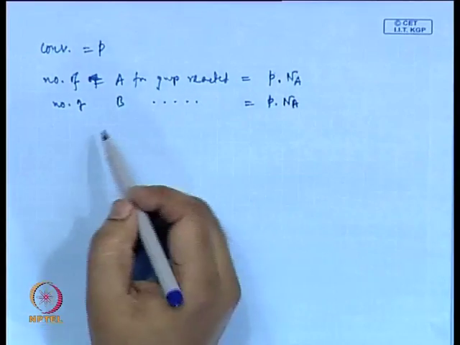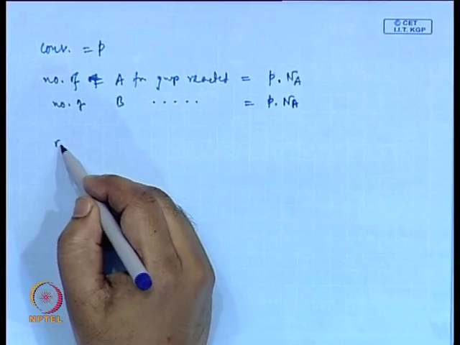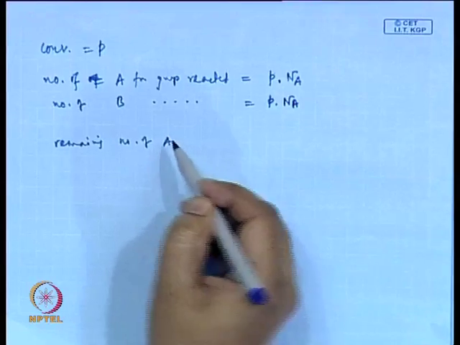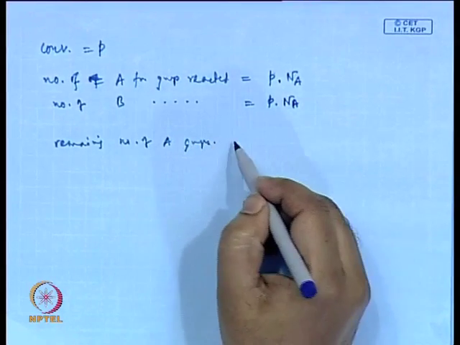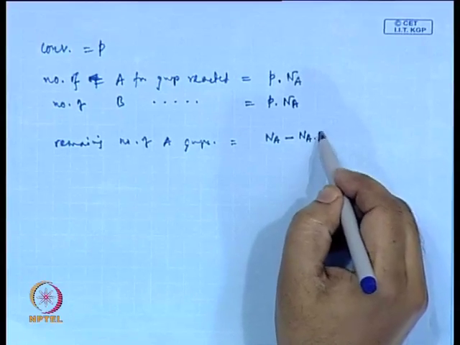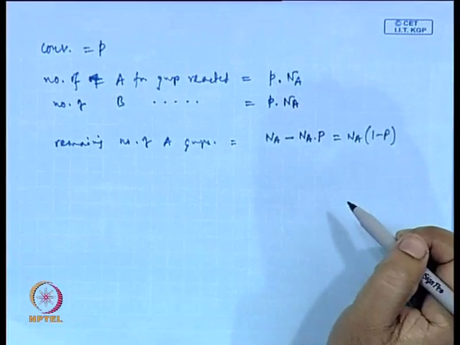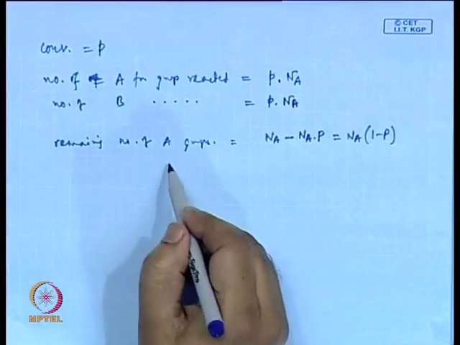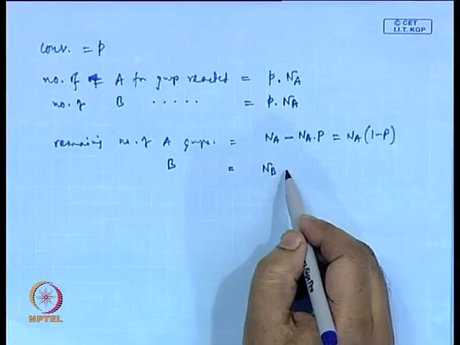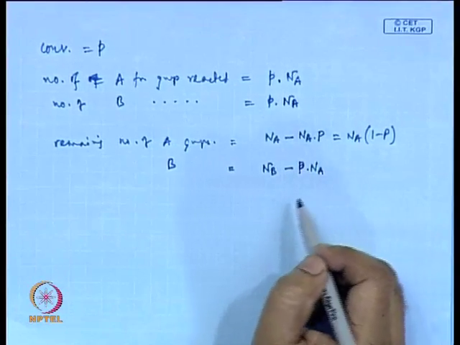So, how many A remaining? The remaining number of A groups is earlier Na, now Na minus Na P, which gives Na times 1 minus P. How many B groups remaining? Earlier it was Nb minus P Na.